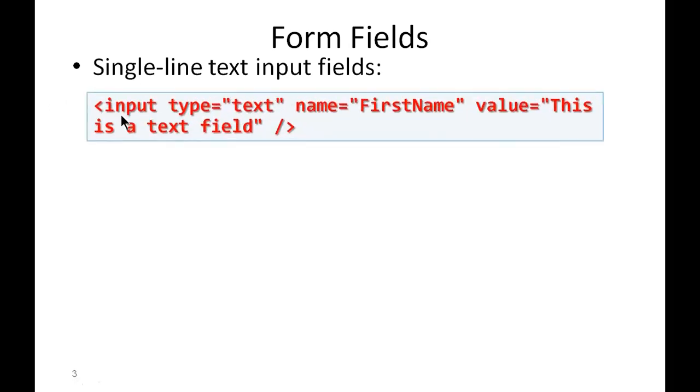So this is an example of creating a single line text input field. Input type is equal to text. Type is an attribute and the value is text. Name is an attribute and the value is first name. Then the value, this is a text field.